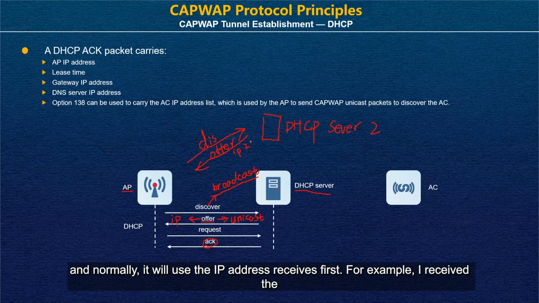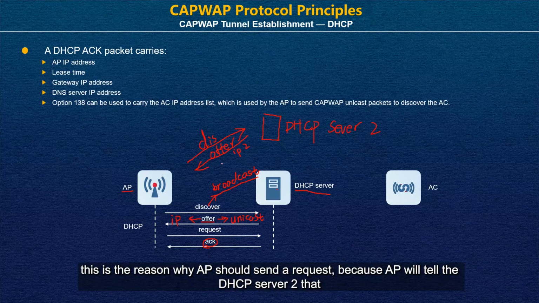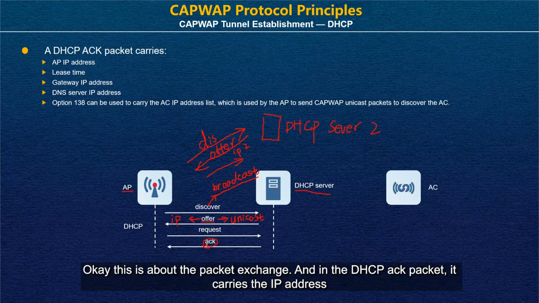For example, if I received the IP address from DHCP server 2 first, I will use the IP assigned by server 2. This is the reason why the AP should send a request, because the AP tells DHCP server 2 that it will use its IP address. And then the last step, ACK, acknowledges the allowance. This is about the packet exchange.